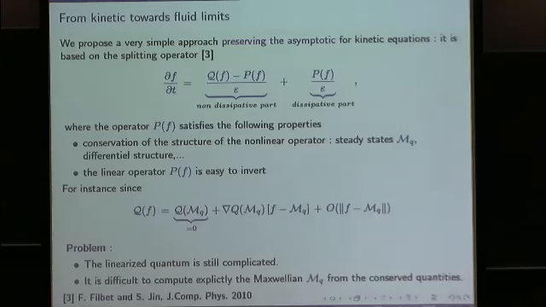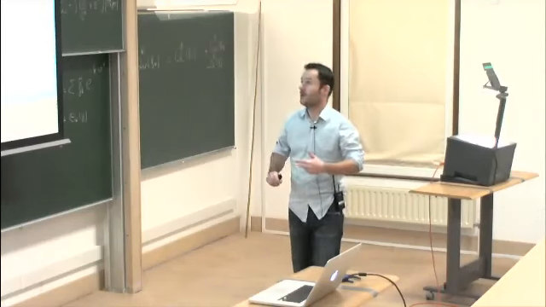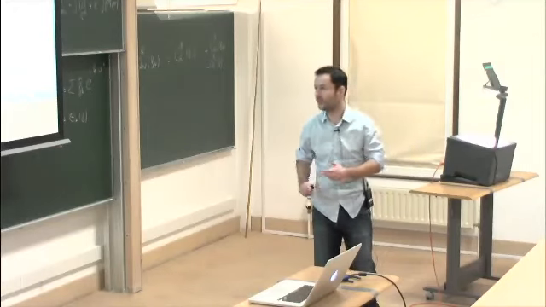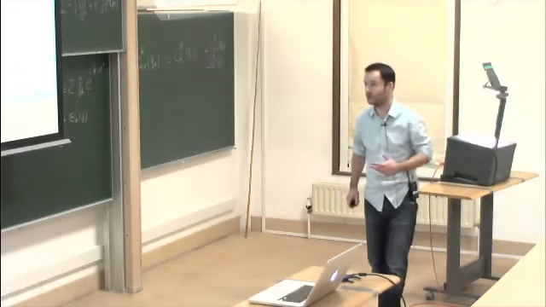So now you have to define what P of f is, and in order to define it, you want to conserve the structure of your operator. For instance, you would like P of f to have the same steady state as Q, and also the same invariants. And also you want to consider the differential structure of your operator.